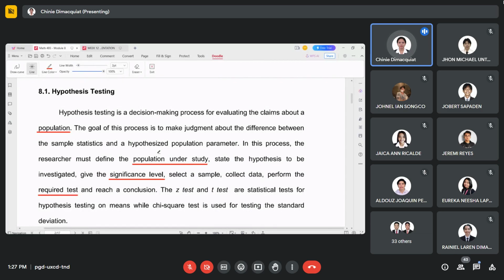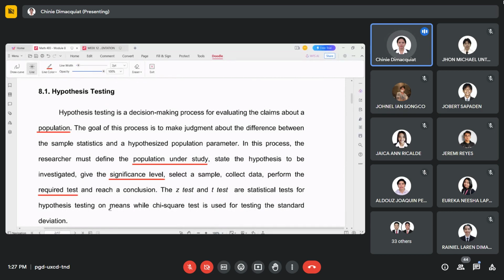So, kapag mean, ang hinahanapan natin or yun yung ginagawa natin ng test, iba yung ating gagamitin. Then, may cases pa tayo under ni mean. Kapag variance known, z-test, and t-test for variance unknown. So, the z-test and t-test are statistical tests for hypothesis testing on means.